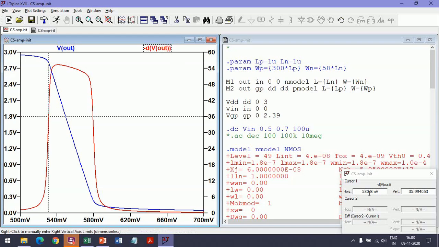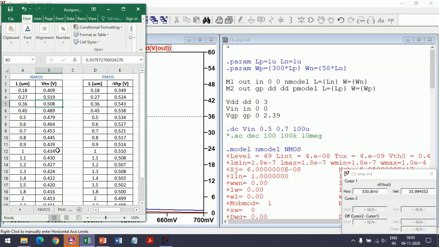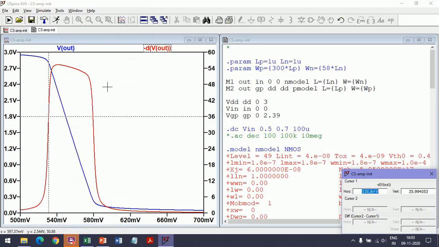Now let us see at 1 micron LN what the threshold voltage is and whether that is okay. At 1 micron the threshold voltage of the NMOS is 0.43. So I need 0.53, where it's 0.534, but that 4 millivolts we will ignore.